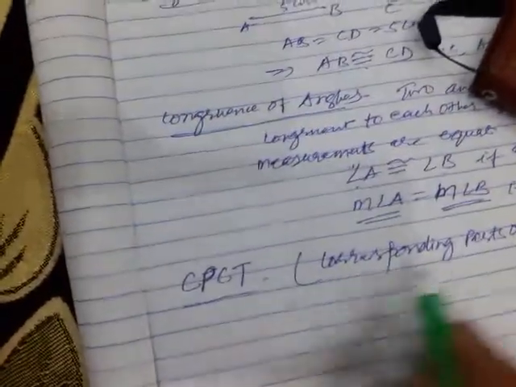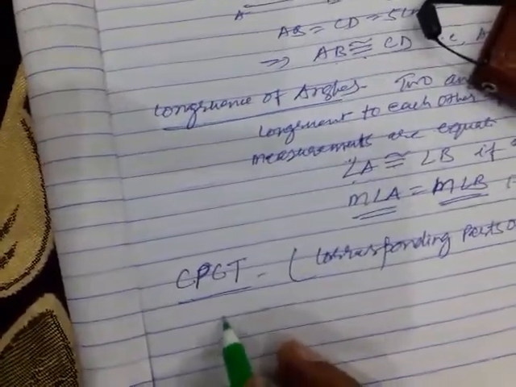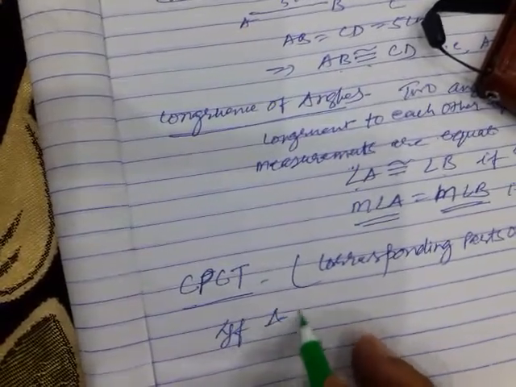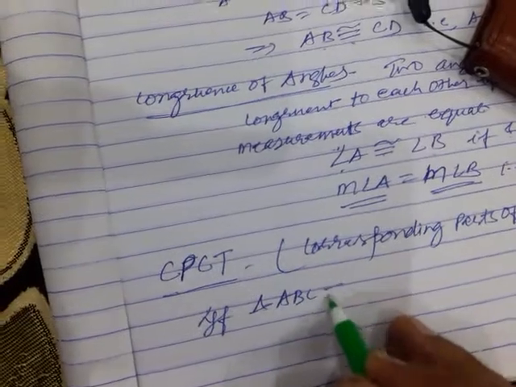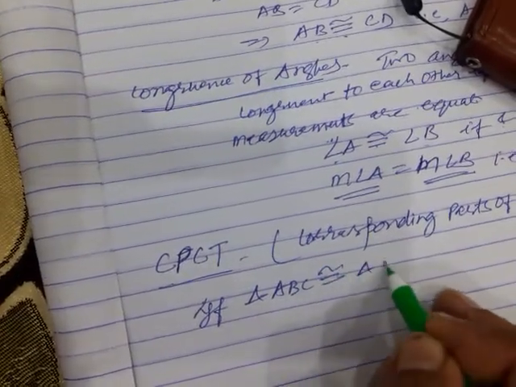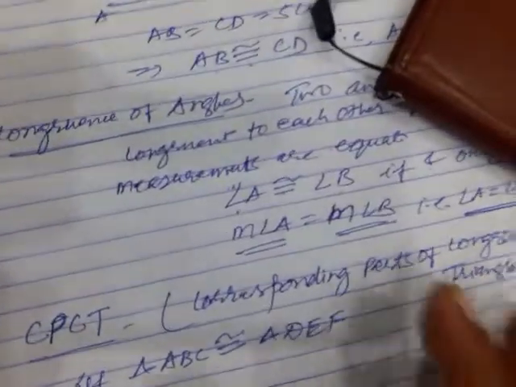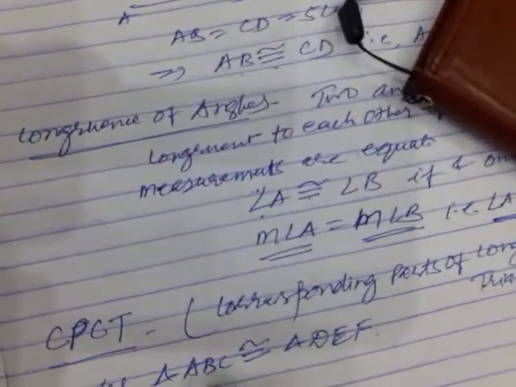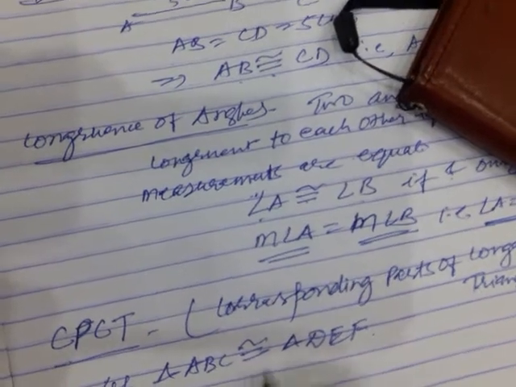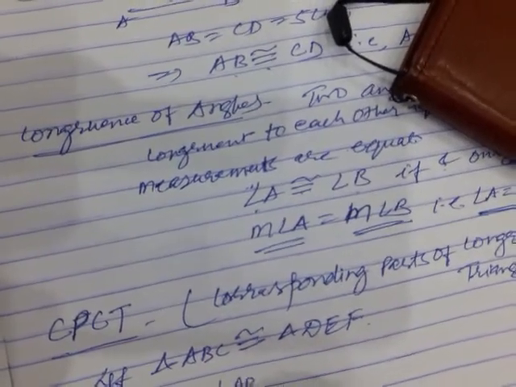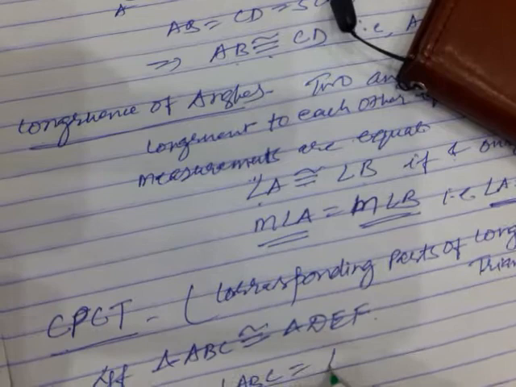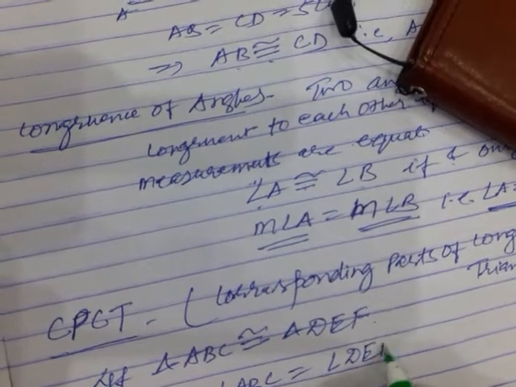If two triangles are congruent by any congruence rule, that is, if triangle ABC, as we have already stated, is congruent to triangle DEF, then we say that angle ABC is equal to angle DEF.